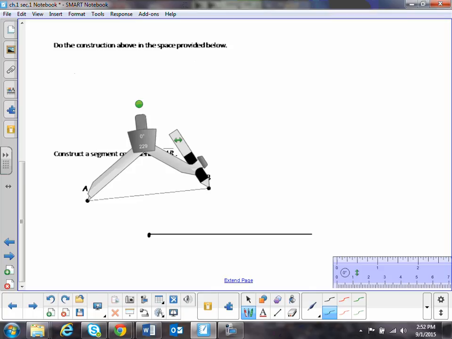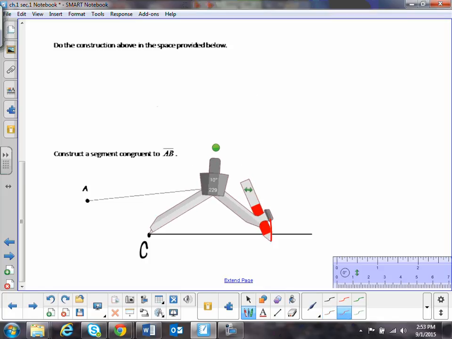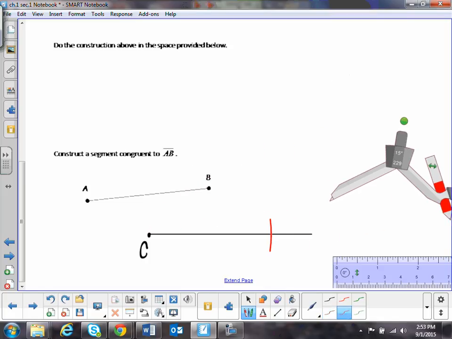We'll just call it C. Then we're going to place our compass with that exact measure over here, and we want to make an arc like that. And then this is our endpoint right there, and so we'll call that D. Okay, so we just constructed a segment congruent to AB. AB is congruent to CD.